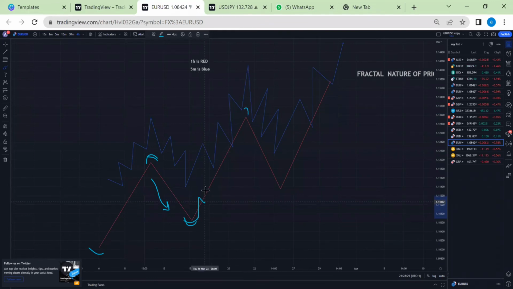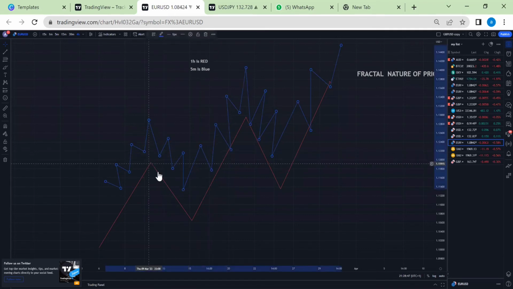That is why I superimpose both on each other, so that you will know that each time you are having a reversal on 1 hour time frame, it is a full series of trend on a lower time frame. Are you getting it?